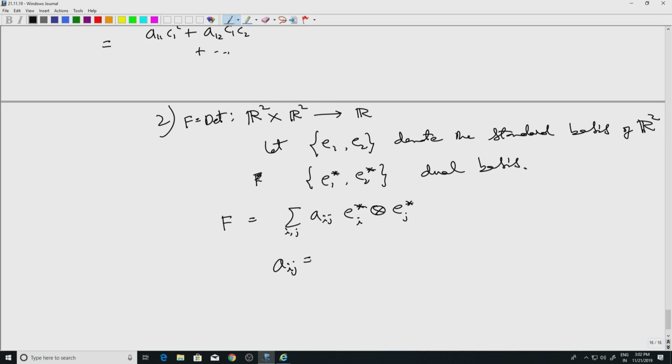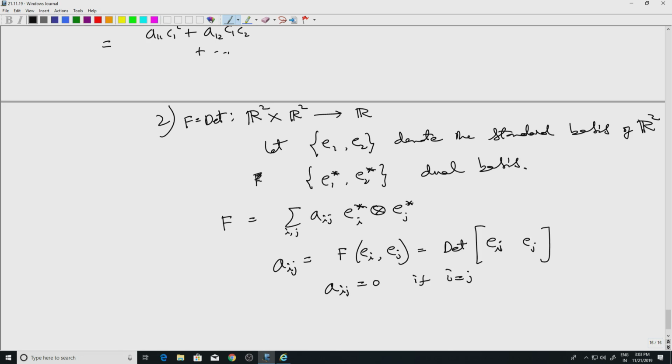Aij is just given by F of Ei, Ej, which is the determinant of the matrix given by the columns Ei, Ej, where Ei, as usual, are written as column vectors. Now, if i equals j, then these two columns will be the same, and the determinant is 0. So Aij is equal to 0 if i equals j.